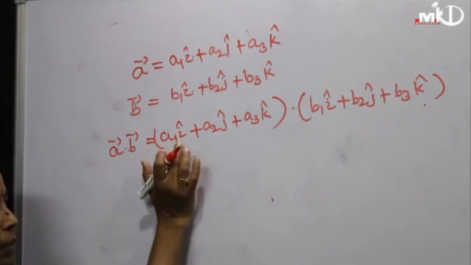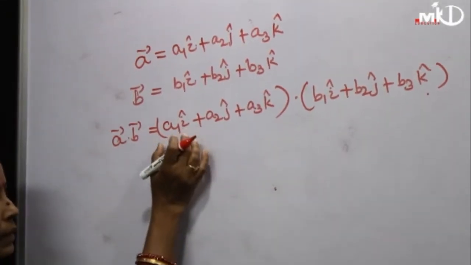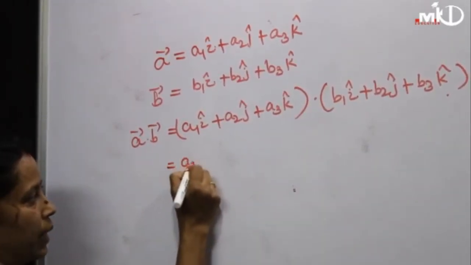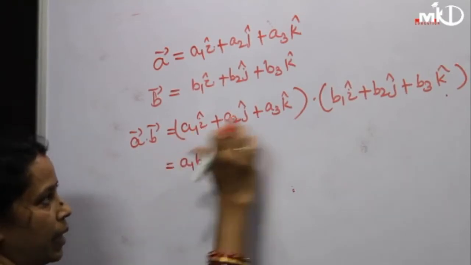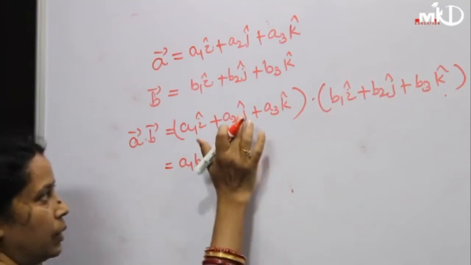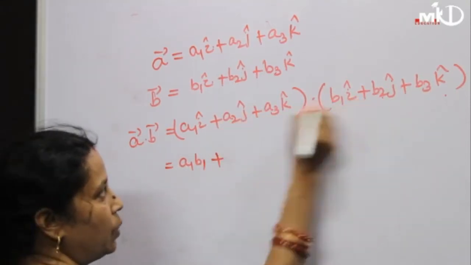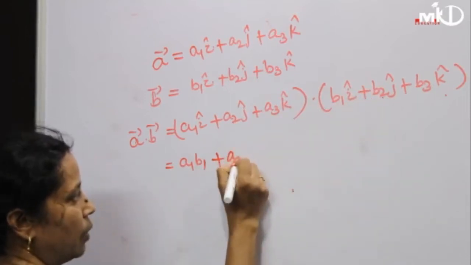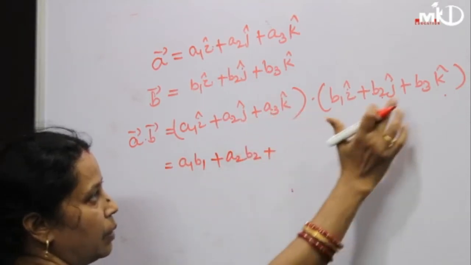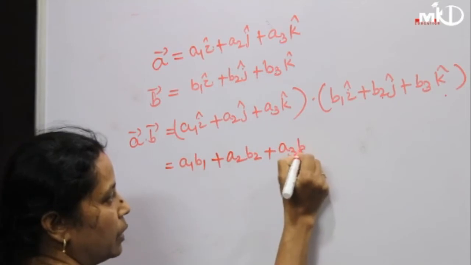Here, we already read in the properties of vectors that i cap dot i cap is equal to 1, so we get a1 b1, but i cap dot j cap is 0, i cap dot k cap is also 0, j cap dot i cap is also 0, so again we get a2 b2 from j cap dot j cap, plus a3 k cap into b3 k cap, which is a3 b3.